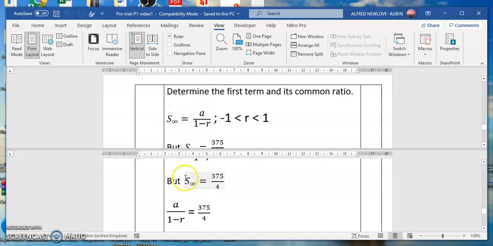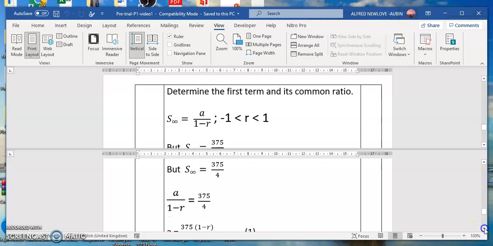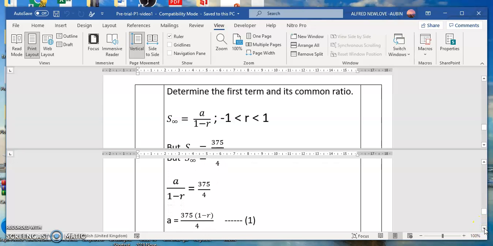Sum to infinity is equal to this, which is for this. Then it's equal to that one. Then we are going to create our equation 1. Transpose this: 1 minus r is dividing. If you transpose, it's going to multiply the numerator. So that becomes equation 1.